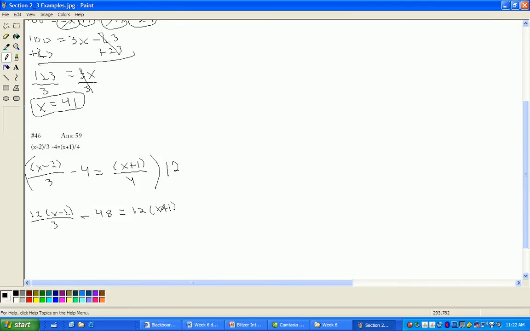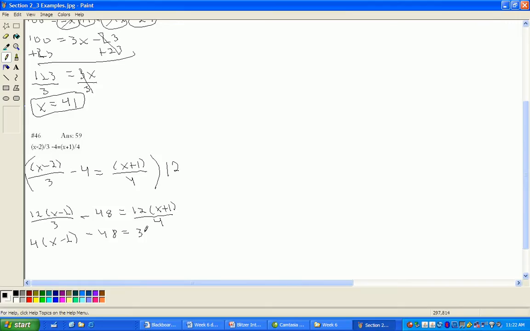Well, now we can use some reduction techniques. 12 divided by 3 is just equal to 4. 4 times x minus 2 minus 48 is equal to 12 divided by 4 is just 3. There we go. Now this looks a whole lot more manageable.